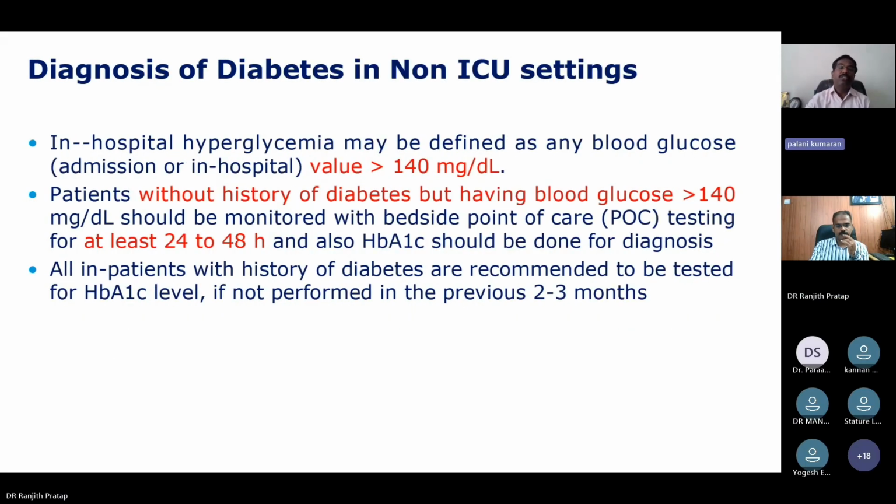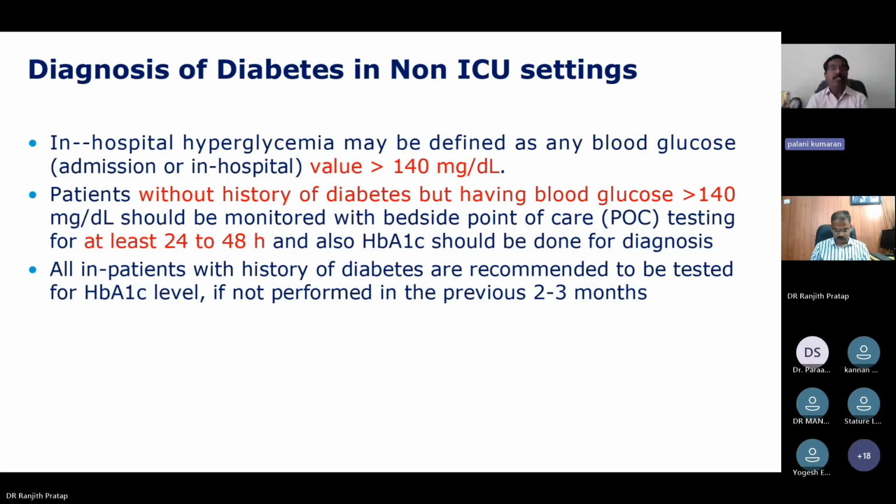So the diagnosis of hyperglycemia in a non-ICU setting is, any blood glucose above 140 milligrams is termed in-hospital hyperglycemia. Whether the patient is already a known diabetic or not, whenever the blood sugar is more than 140 milligrams, we can label them as in-hospital hyperglycemia.